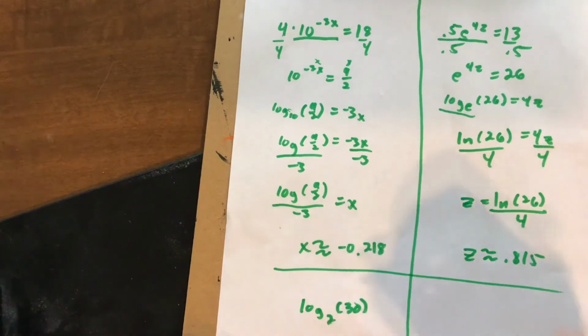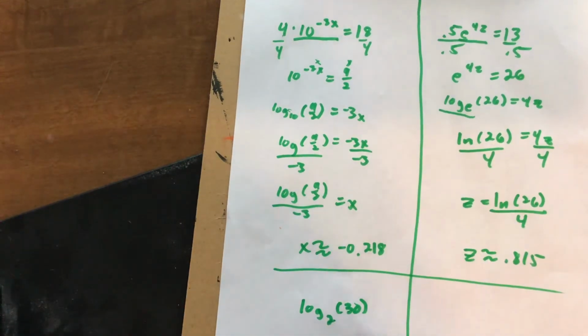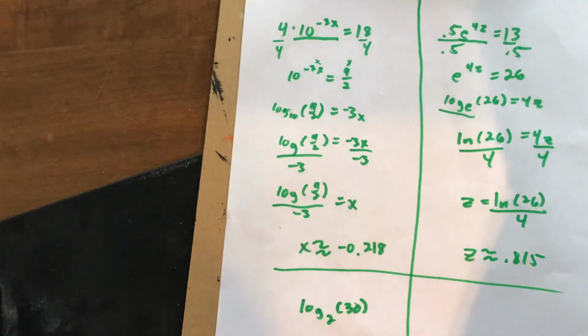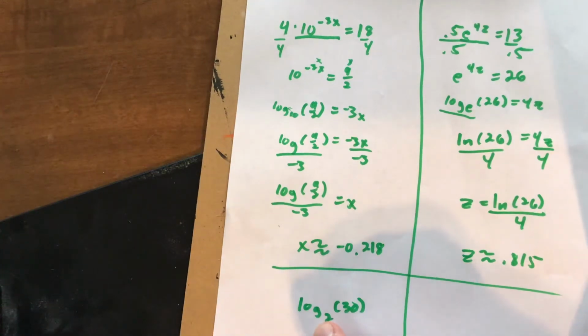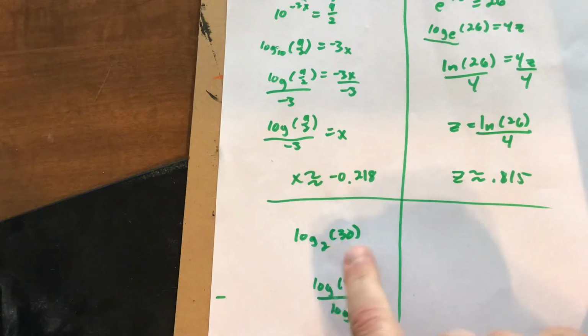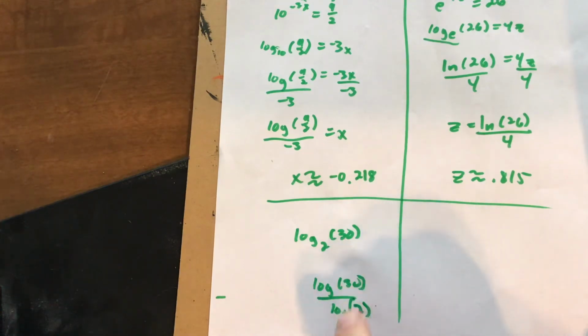Or if you're using Desmos, you can just type log base 2 of 30 in there. I think in your calculator, if you triple tap your log button, it will allow you to type in whatever base you want. So log base 2 of 30 is log of 30 over log of 2. That's called the change of base.